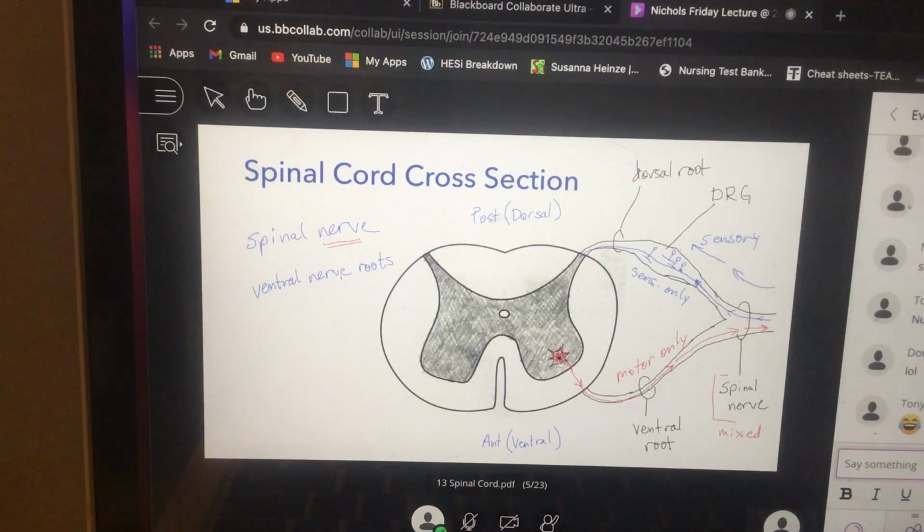So this very same cell I've drawn right here in the spinal cord is the one that makes acetylcholine, mostly right here in the cell body, and then slowly exports it.